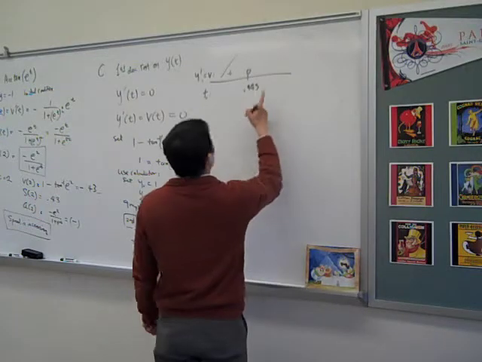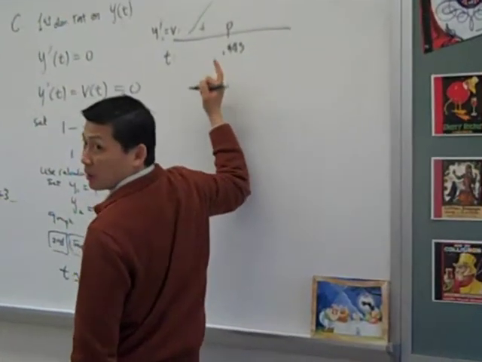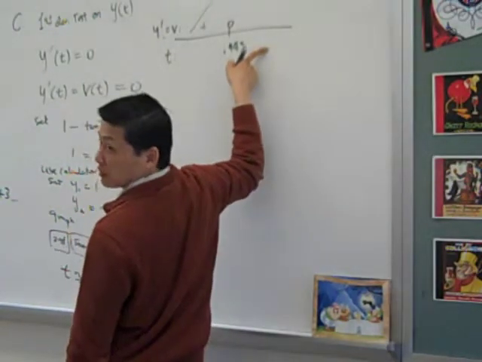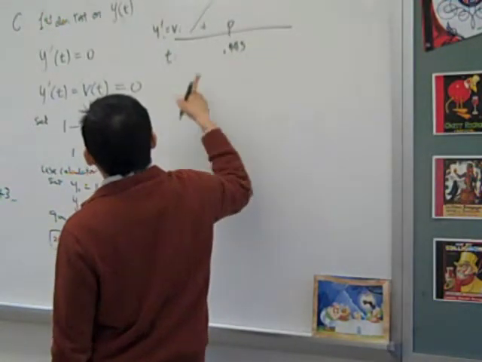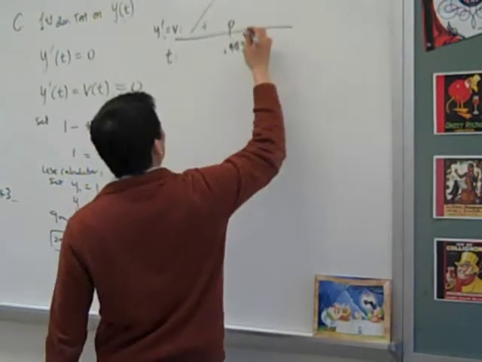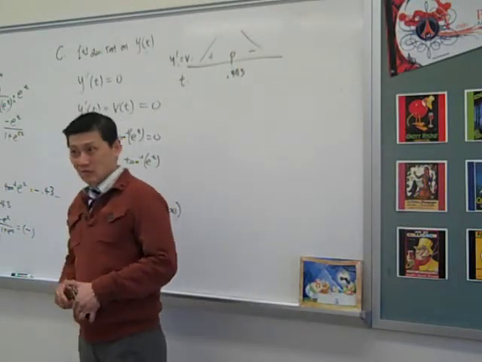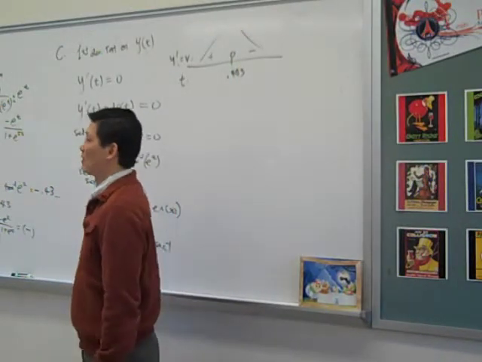And then you pick a value bigger than 0.443, so let's use 1. You get 1 minus inverse tangent e, and I bet you're going to get a negative value. It comes down like this.